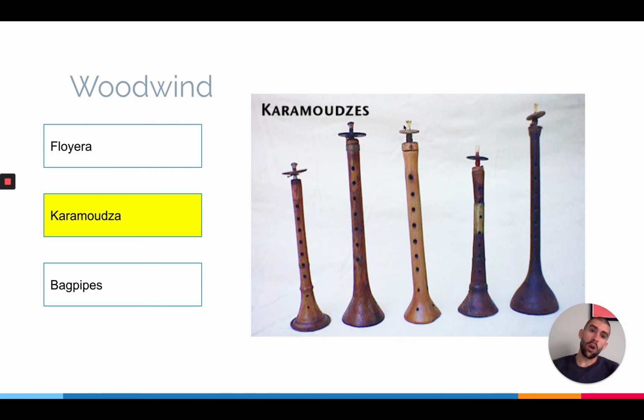But on the end, it's got a reed, and it's actually a double reed. What that gives it is a very sort of ducky sound. It sort of sounds like a duck, is the only way to describe it. So it's a bit like an oboe, a bit like a clarinet, but it sounds very distinctive, and you'll hear it almost immediately. So that's the karamudza.